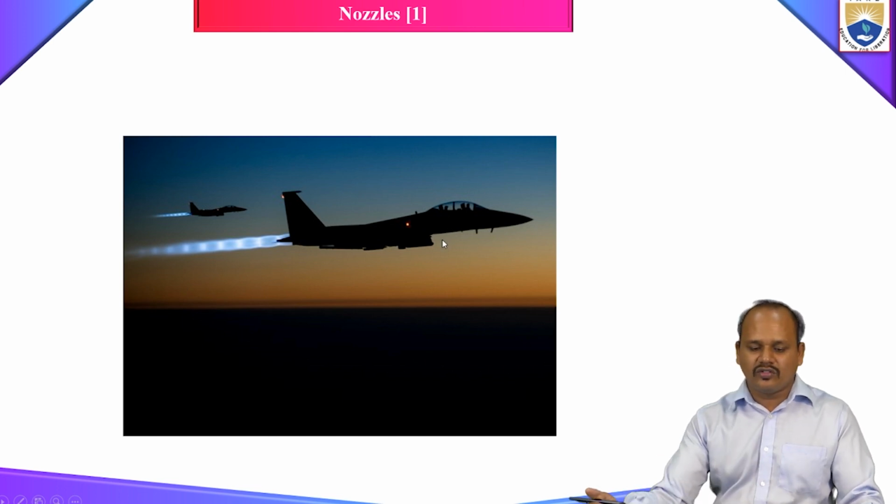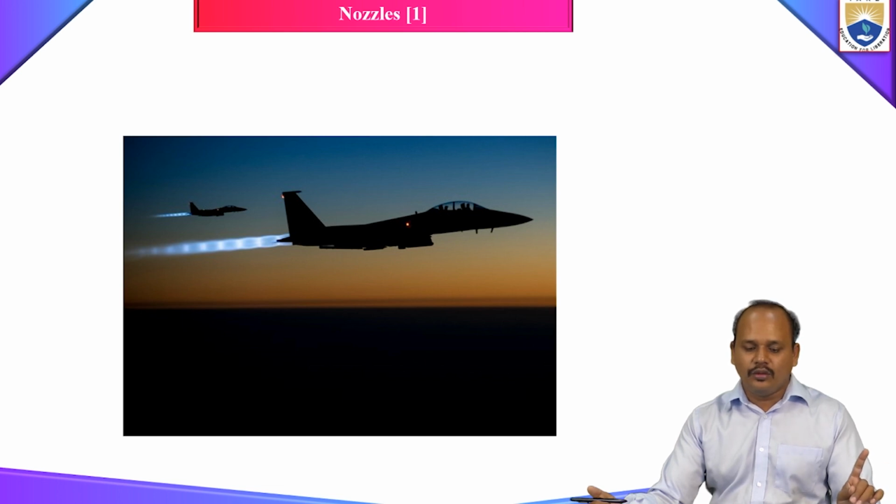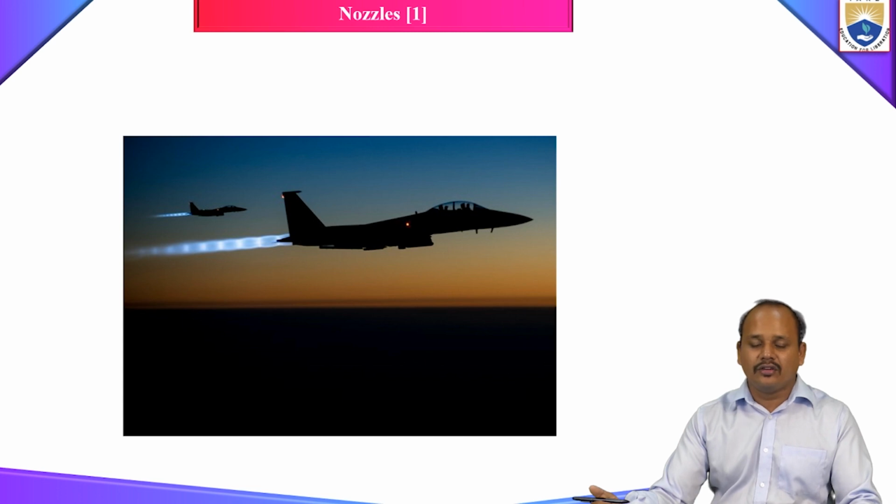So this much shock cell coming means, one, you will have infrared radiation, which will make it easy for enemies to detect your aircraft. Another thing is that this shock wave formation will contribute to the noise generated in your supersonic aircraft.